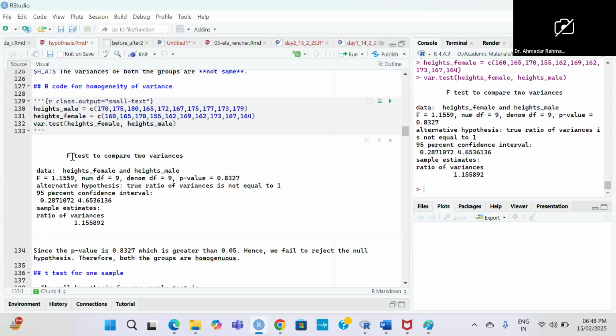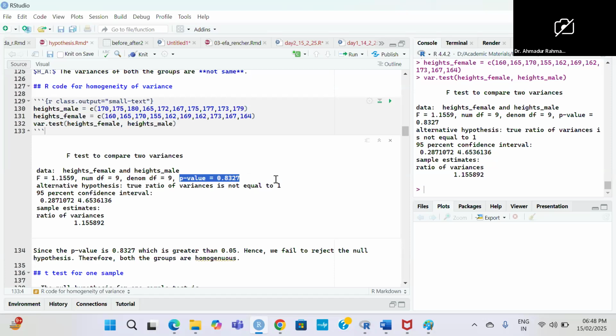See, the outcome says F test to compare two variances. Then data, height of female and height of male. The F value is 1.1559 with degrees of freedom 9 and 9. And the p value is 0.8327. This is important.